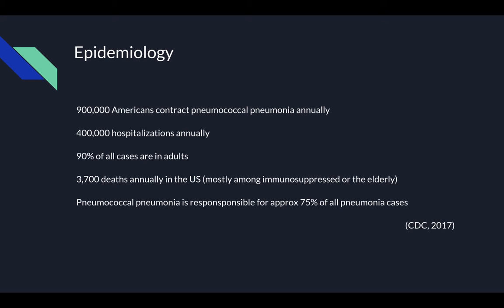This is an end-stage terminal disease, meaning this generally is what ends someone's life when they're suffering from other diseases, whether that's HIV or a burn victim that has a lot of smoke inhalation and is catching many, many diseases as they progress. This is generally what ends someone's life in a situation where they are immunocompromised. Pneumococcal pneumonia is also responsible for approximately 75% of all pneumonia cases, which is pretty high.